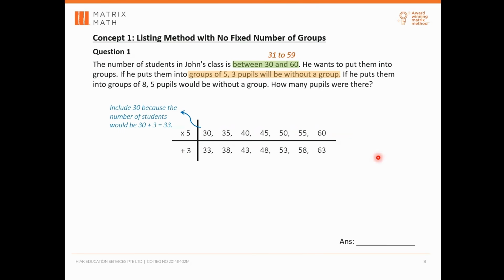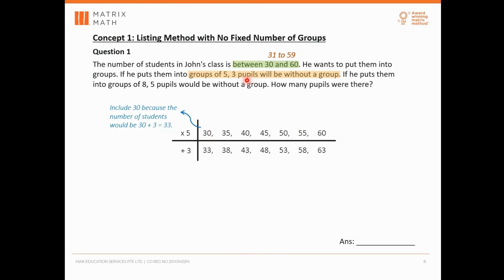Okay, maybe you want to write this down first. So let me just recap as you're writing it down. We're writing multiples of 5 because we're grouping them into groups of 5.